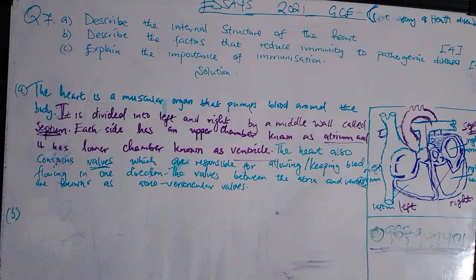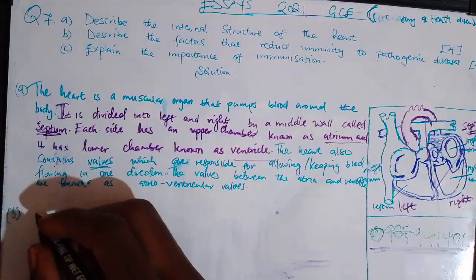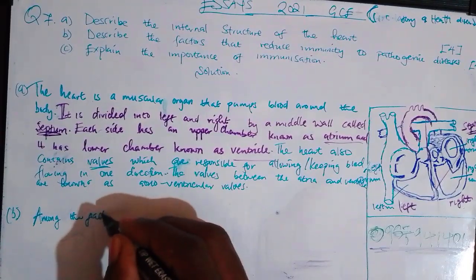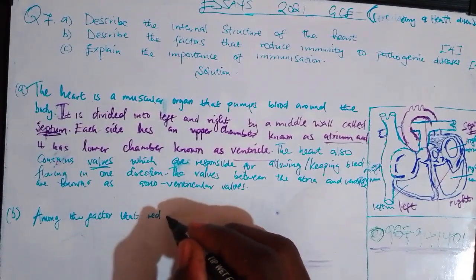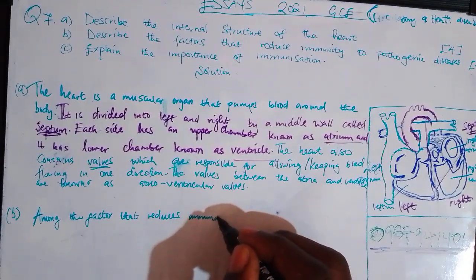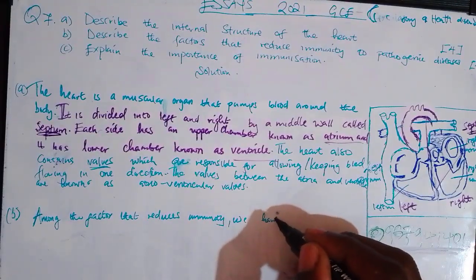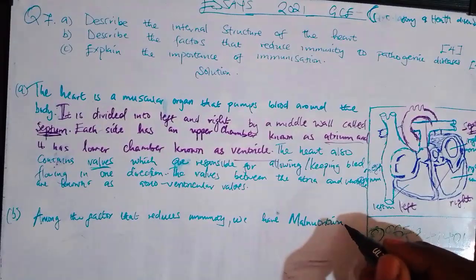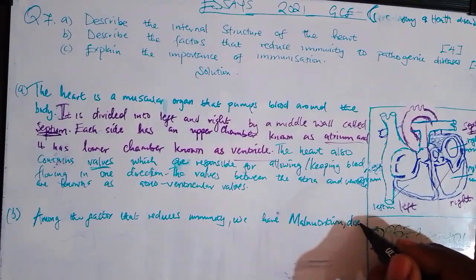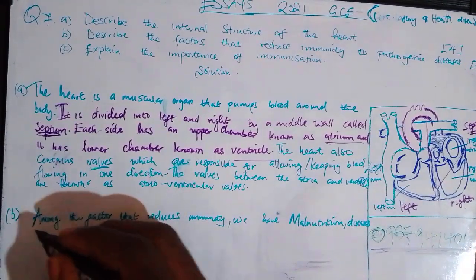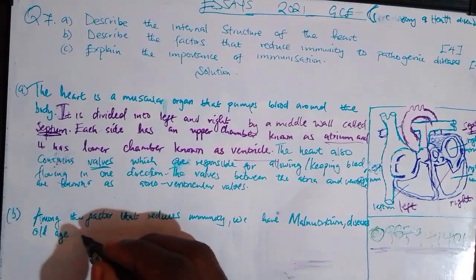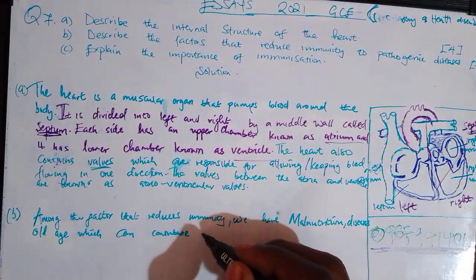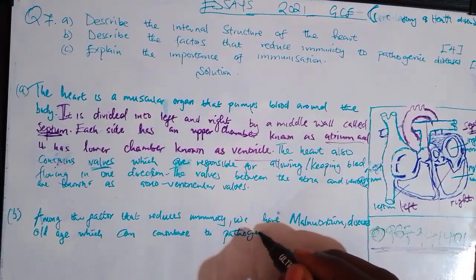So you can start by saying that among the factors that reduce immunity, we have malnutrition, diseases, and old age, which can contribute to pathogenic diseases.